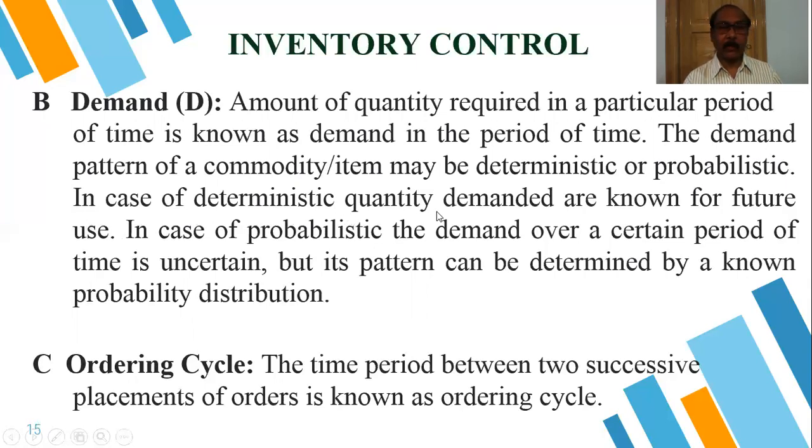In the deterministic case, demand is known for future use. In the probabilistic case, the demand over a certain period of time is uncertain, but its pattern can be determined by a known probability distribution.